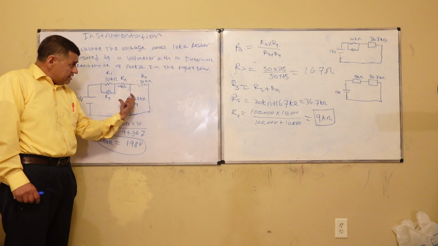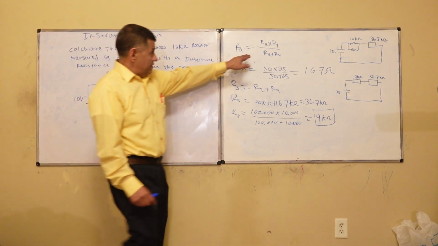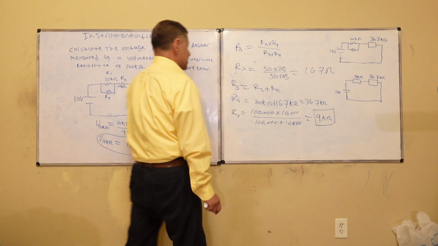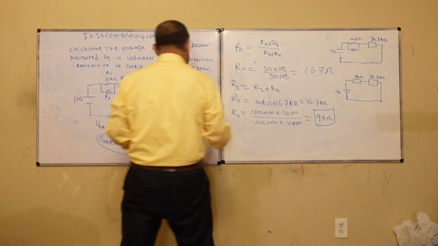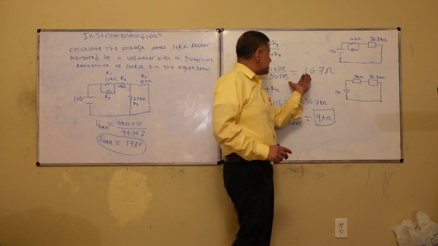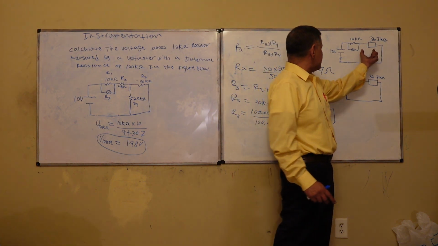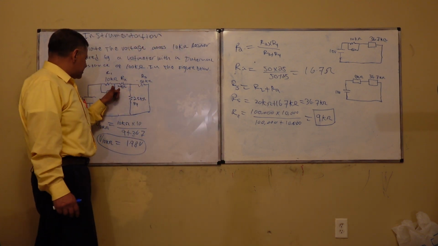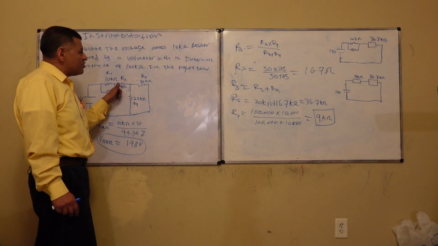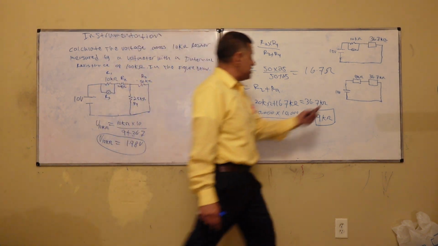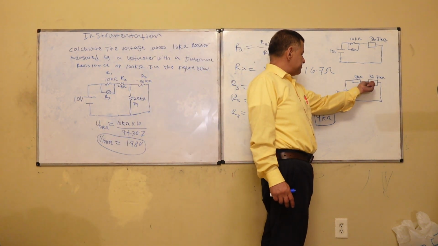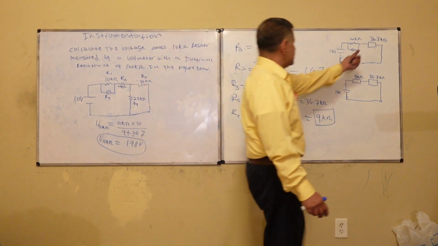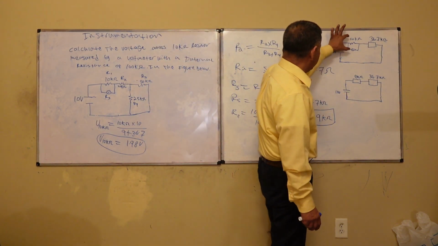We found the parallel equivalent resistance and got 16.7. Then the 16.7 was in series with the 20K. We add them together and got 36.7, right?